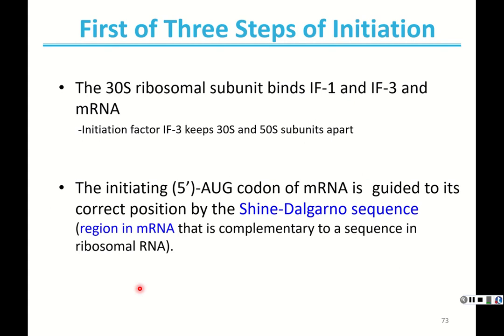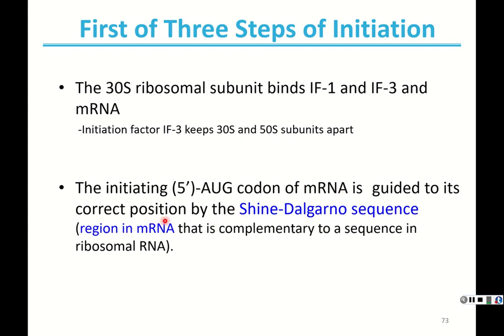Okay, so the first three steps of initiation are written here in words. I basically went through these, so you can just have this to look through for review. One thing I didn't mention is that the initiation AUG codon in the messenger RNA is guided to the correct position by what's known as the Shine-Dalgarno sequence.